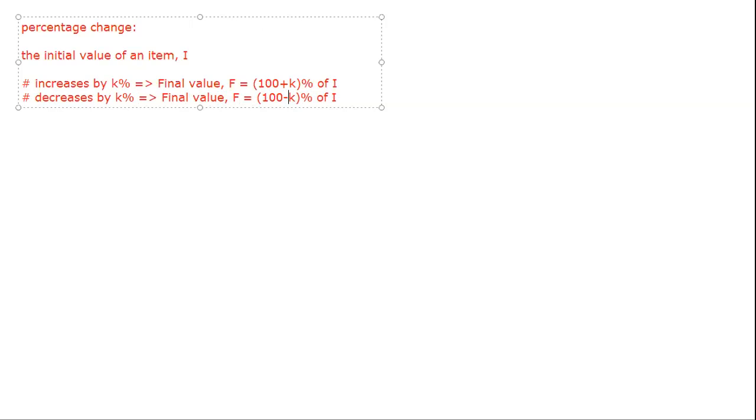If it's a decrease by 20%, the value has become 80% of itself. This is the basic rule.